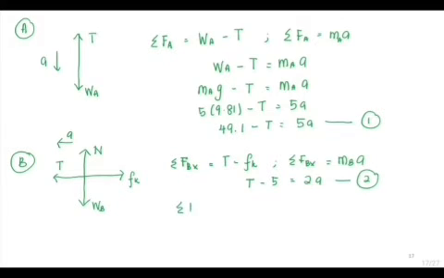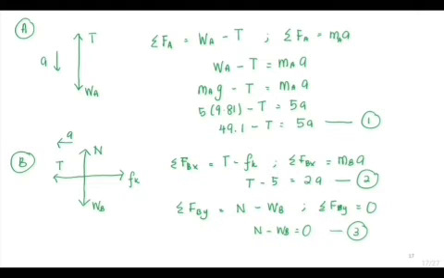The resultant force of block B at Y component is equal to N minus WB. And the resultant force of B at Y component is equal to 0 since there is no motion in the vertical direction. This we call equation number 3. First question is to determine the acceleration of the two blocks.